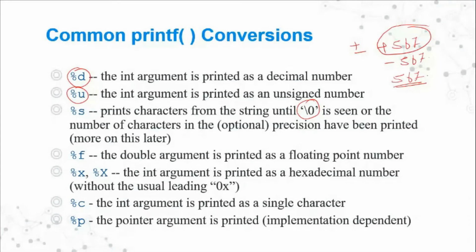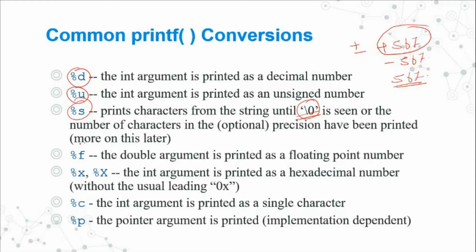All character strings end with a \0, that is a null character, even though we don't input it. Utilizing this property, we can determine whether the end of the string has been reached or not. So in order to print strings, we use %s.